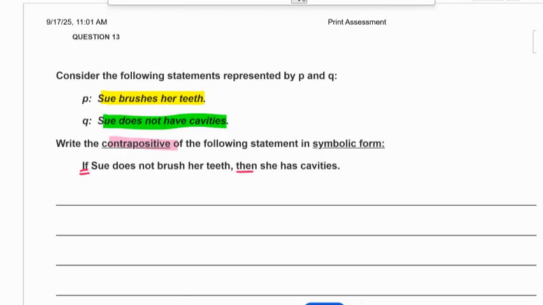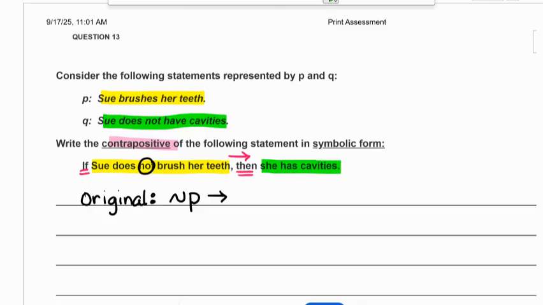If, then would be the arrow. Sue brushes her teeth is P. This one says Sue does not brush her teeth. So that would be negated P. So what we're going to do first is write the original in symbols. And so far we have negated P. We have our arrow.